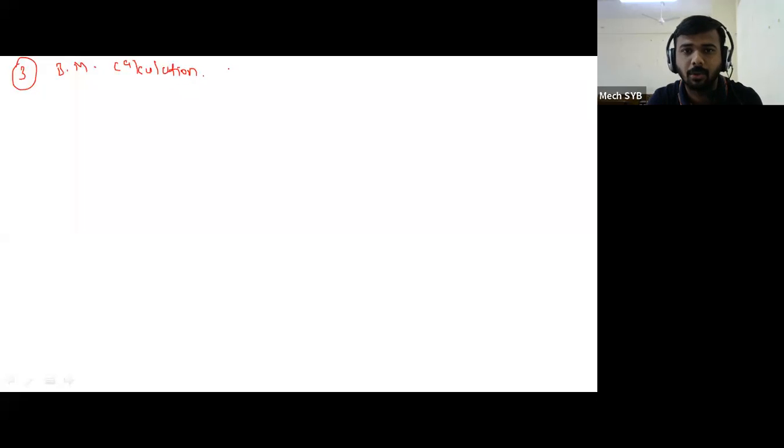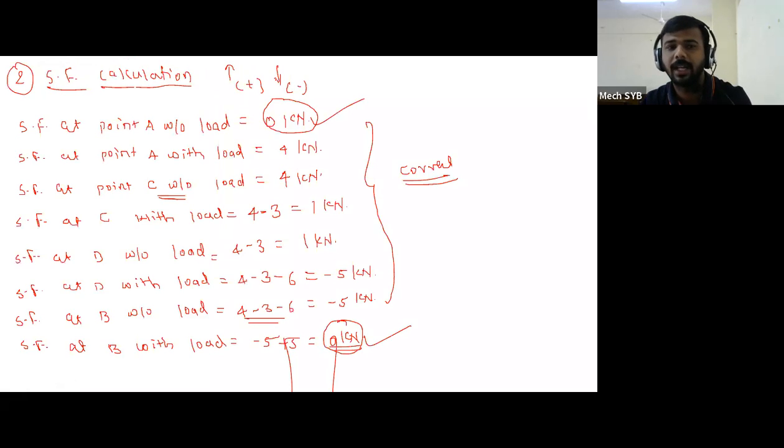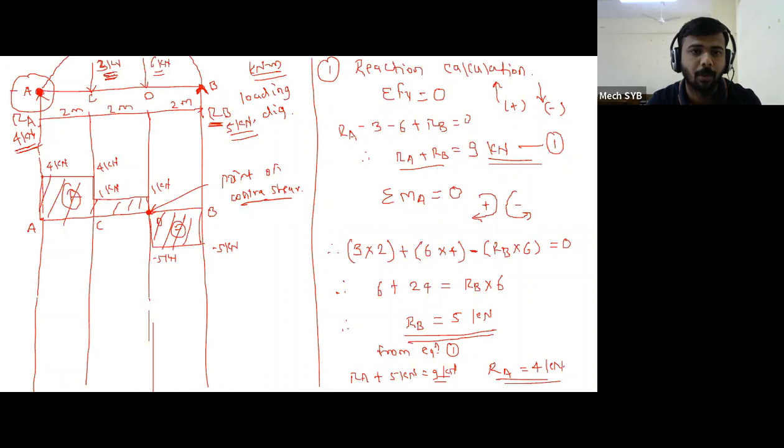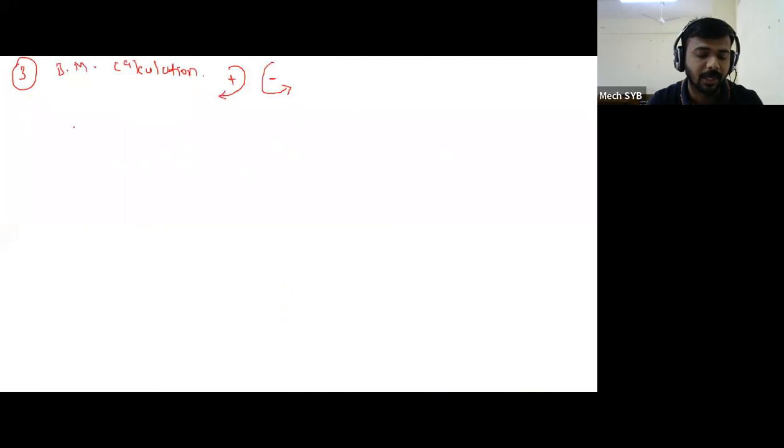If your moment is clockwise, we take it as positive, and if your moment is anti-clockwise, we take it as negative. We started the ESF calculation from the left side of the beam, that is, from point A. Similarly, we start our BM calculation also from the left side, from point A. One by one we will calculate, that is, BM at A is equal to.